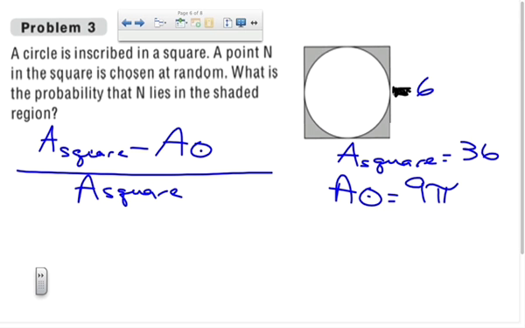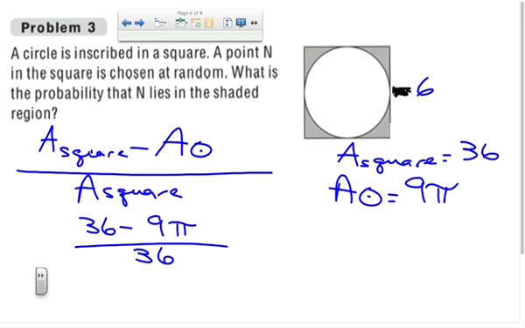Okay, so let's take what we found and plug it into the strategy that we came up with. The area of the square is 36, minus the area of the circle, 9 pi, and I'm putting this over 36. And of course, that reduces.